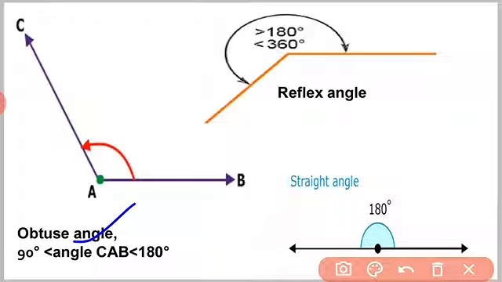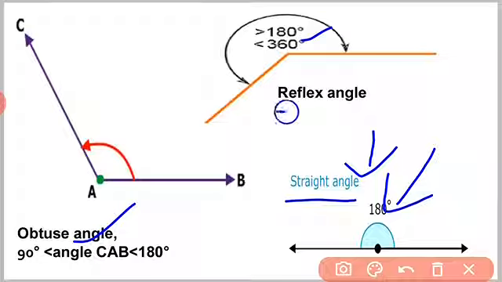When the measure of an angle is exactly 180 degrees, then it is called a straight angle. When the measure of an angle is less than 360 degrees but greater than 180 degrees, then it is called a reflex angle.